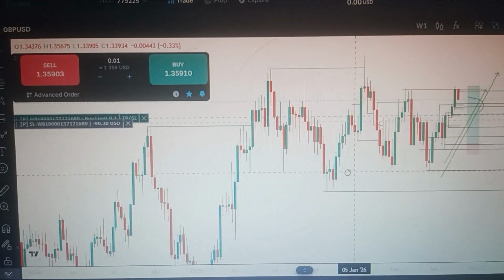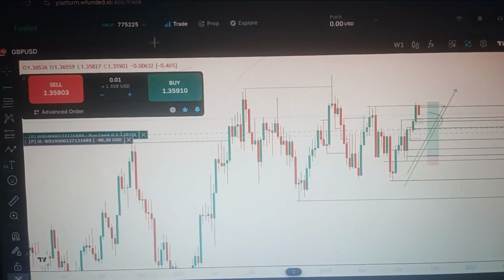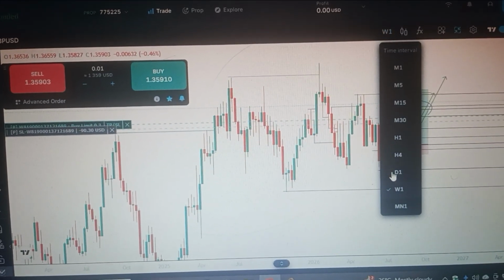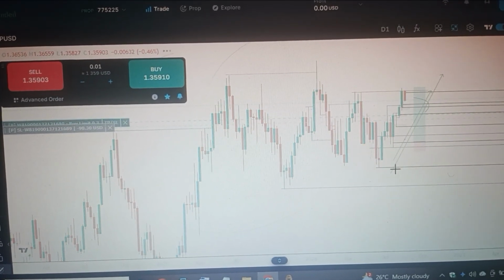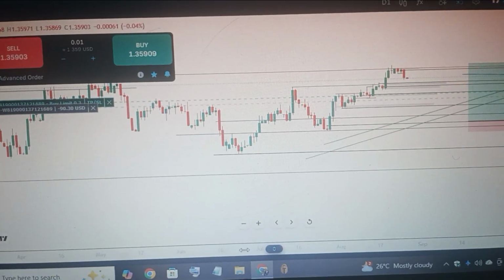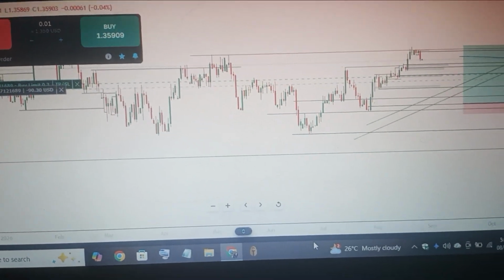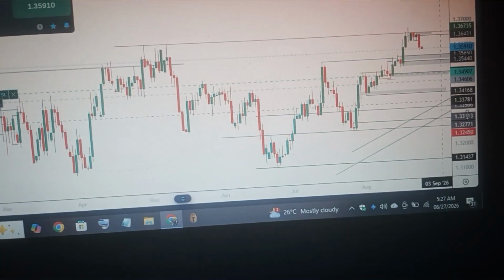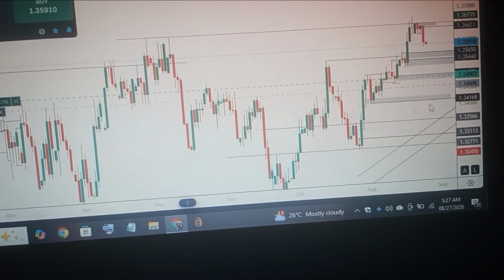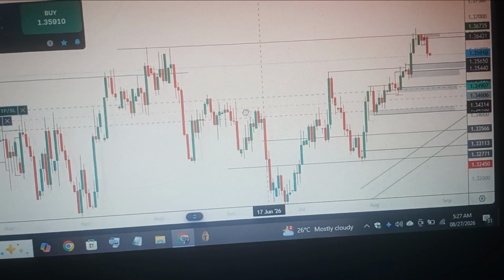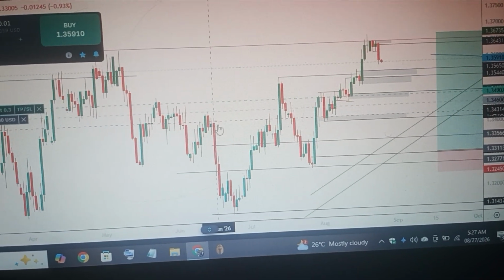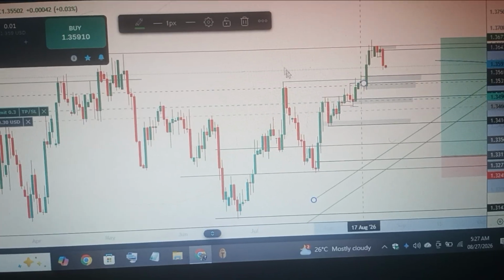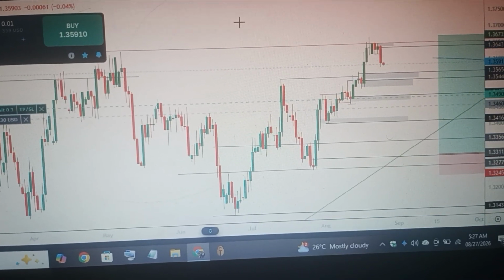Let's go to the lower time frame. I hope this chart is not as close as you think. Let me remove some markup here already.